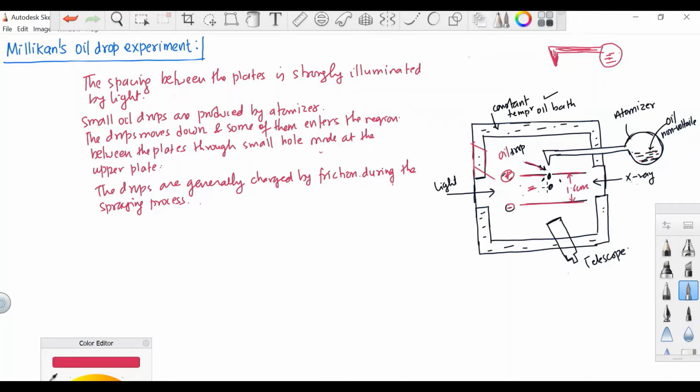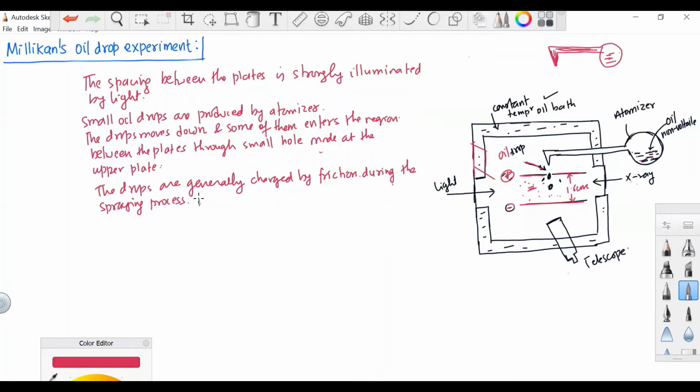the air molecules in the region between the plates get ionized, due to which fresh ions are produced, so that the drops pick up additional charges, that is positive and negative.